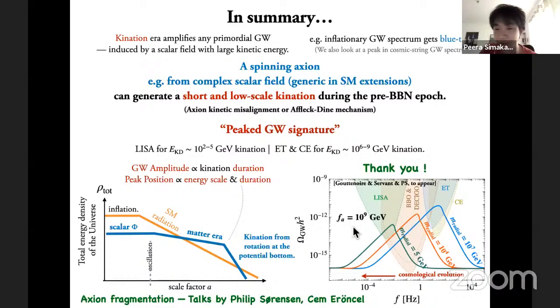So this is already 10^9, which is very much constrained by astrophysical constraints. If we go to higher f_a, then this peak will move out of this range. So it will work only for some small parameter space for the QCD axion.